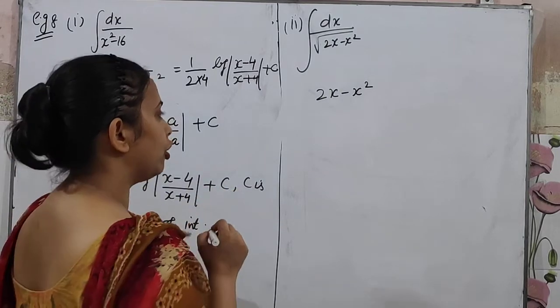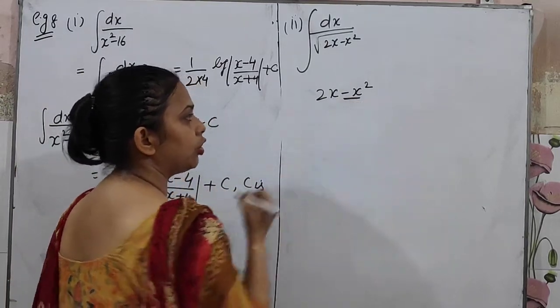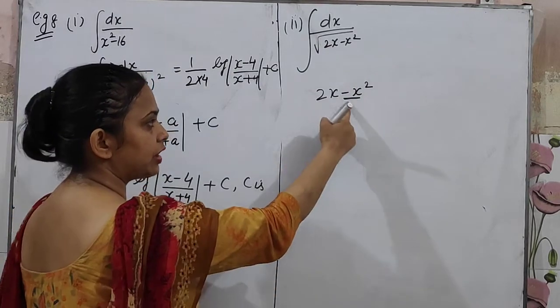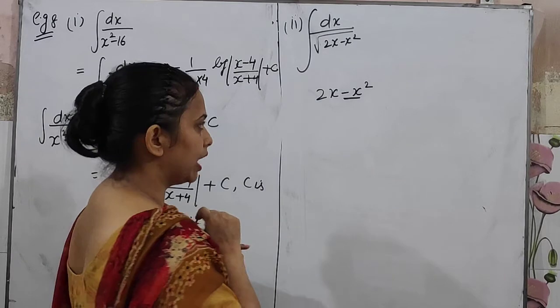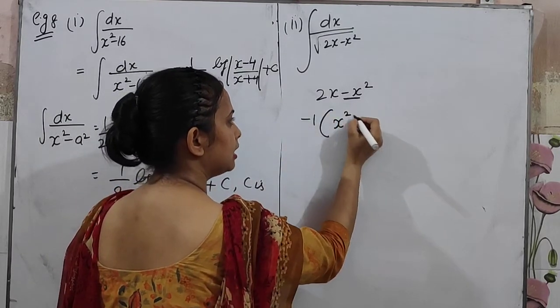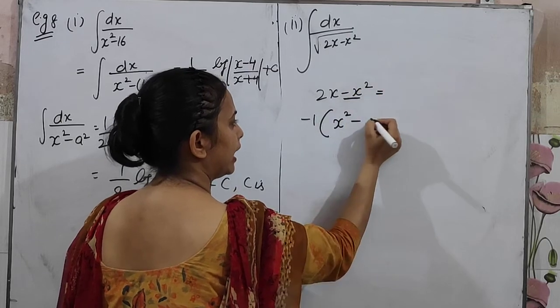How? First of all, make the coefficient of x square unity, meaning 1. What is the coefficient of x square here? Minus 1. Take minus 1 common, it becomes x square minus 2x.